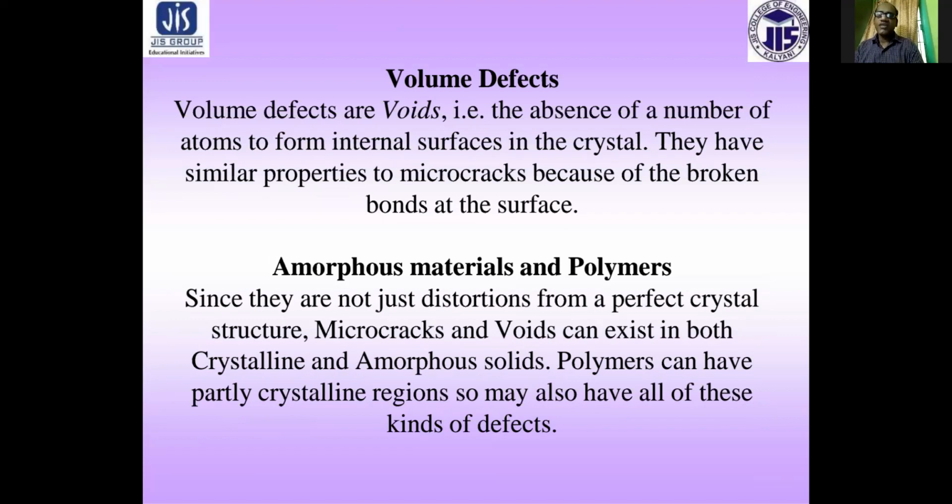Amorphous materials and polymers are not just distortions from a perfect crystal structure, but microcracks and voids can exist in both crystalline and amorphous solids. Polymers can have partly crystalline regions, so they may also have all these kinds of defects.